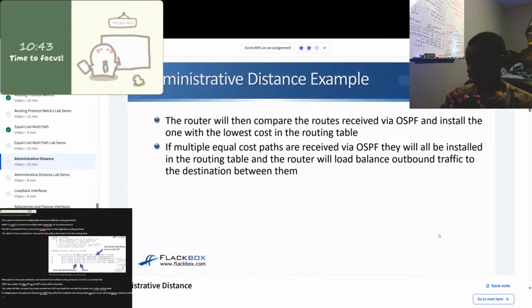If we received multiple equal cost paths, then they'll all go into the routing table and the router will load balance between them.